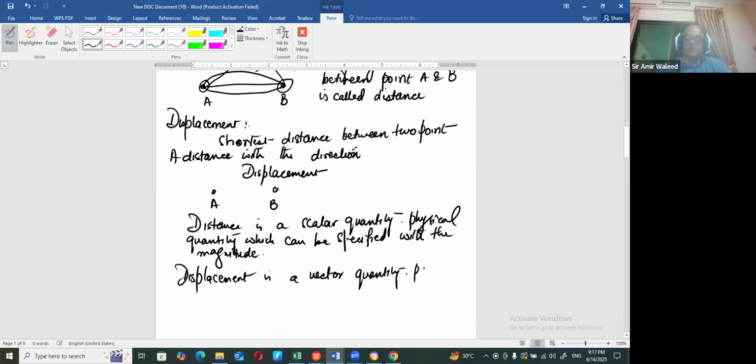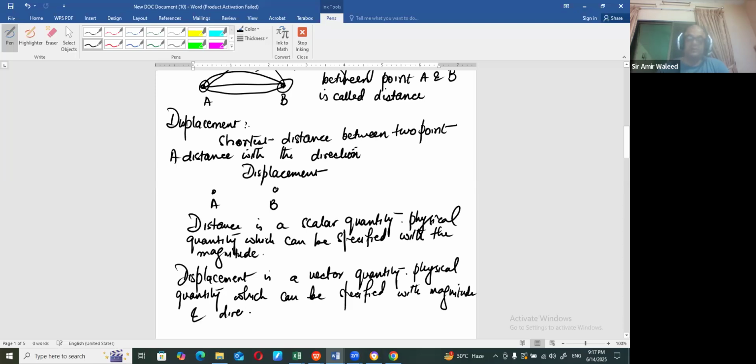It's a physical quantity which can be specified with magnitude and direction. So any particular quantity in which magnitude and direction are important, we call a vector quantity, right?